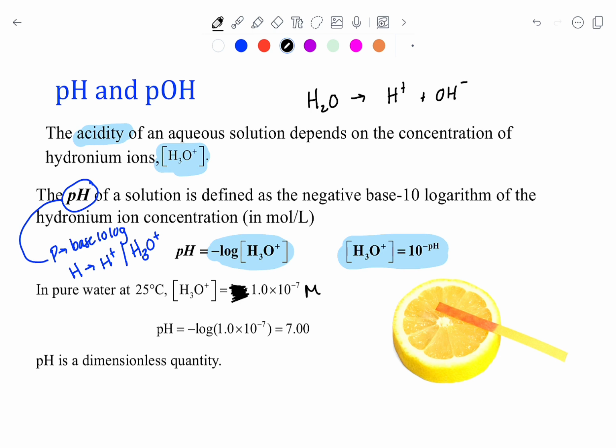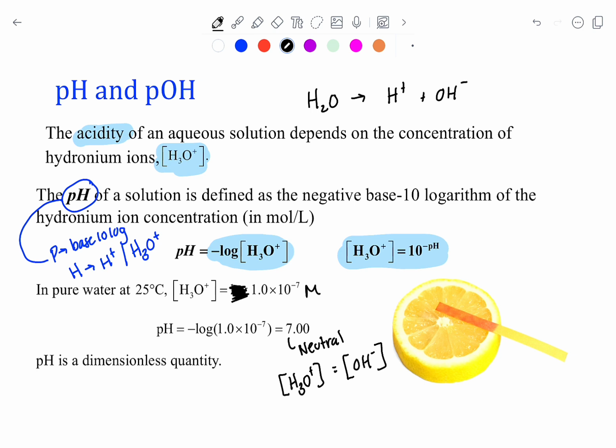So the pH of water is 7. 7 is indicative of something that is neutral, because we know that in pure water, the concentration of H3O plus is equal to the concentration of OH minus, which we said in our previous slide is a neutral solution. So pure water at 25 degrees Celsius is going to be considered neutral because it has a pH of 7.